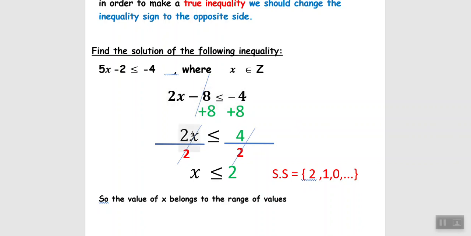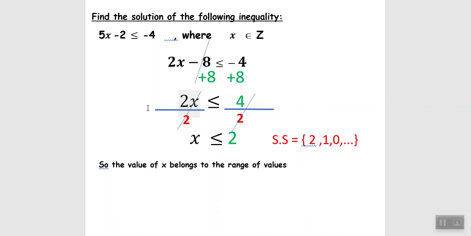Now we want to make x by itself. X has a multiply operation. To solve for x, we need to use the opposite operation, which is divide. We divide both sides of the inequality by 2. 2x divided by 2 equals x. 4 divided by 2 equals 2.